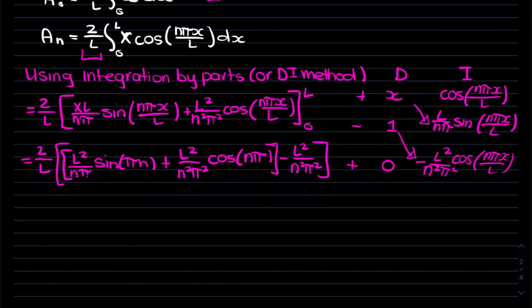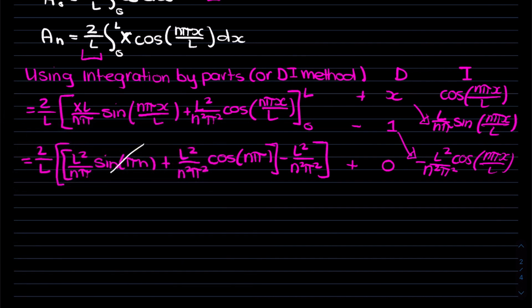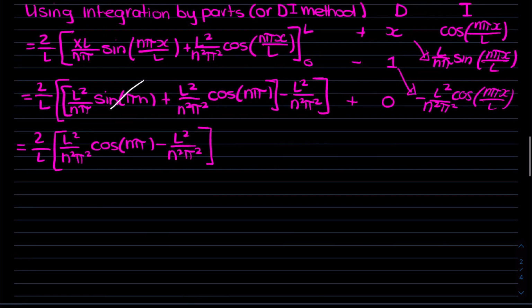And you'll see that this sine term here will vanish because n is an integer, so sine of pi n will just end up as 0. So this will end up as 2 over L, simplifying it further, L squared over n squared pi squared cosine n pi minus L squared over n squared pi squared. Aren't integrals fun?